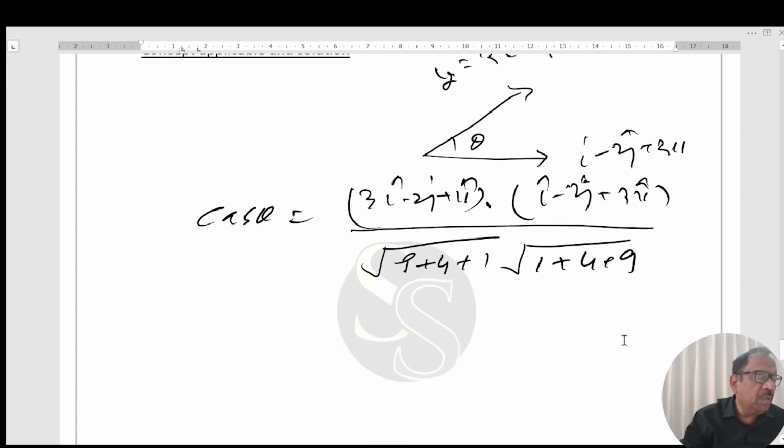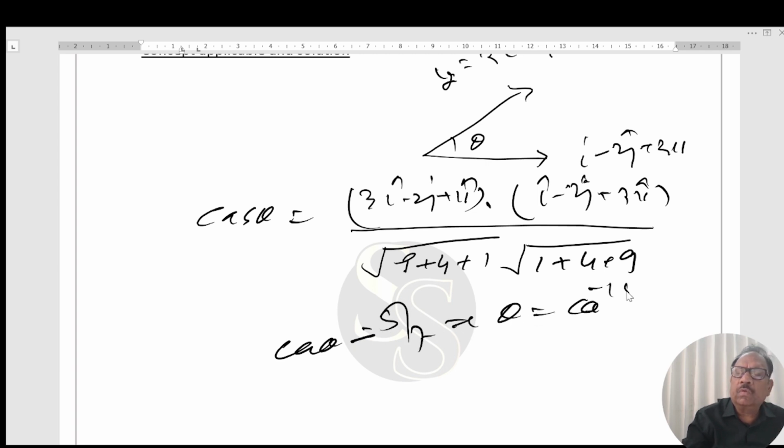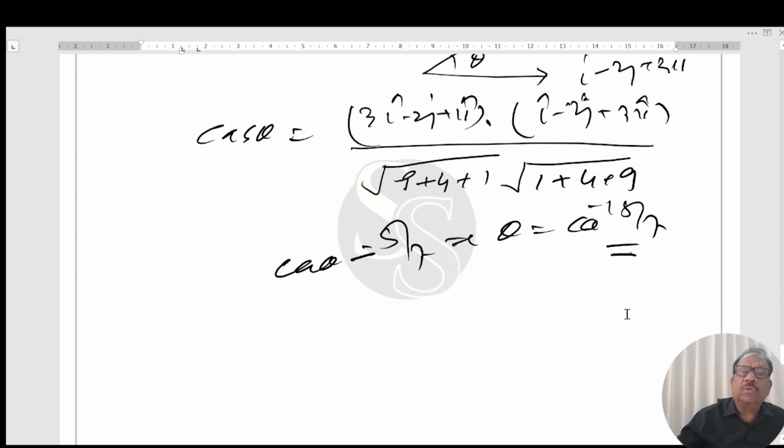On simplification, we get cos theta equal to 5 by 7, that is theta equals cos inverse 5 by 7. Right?